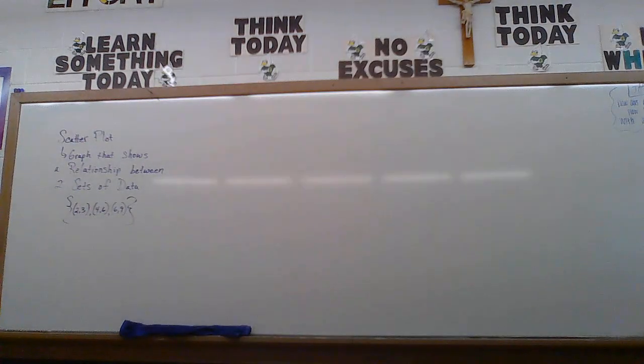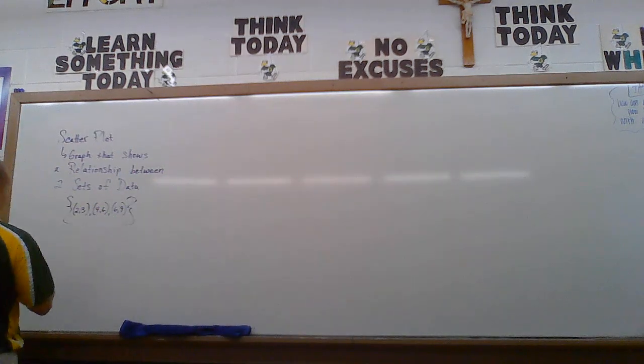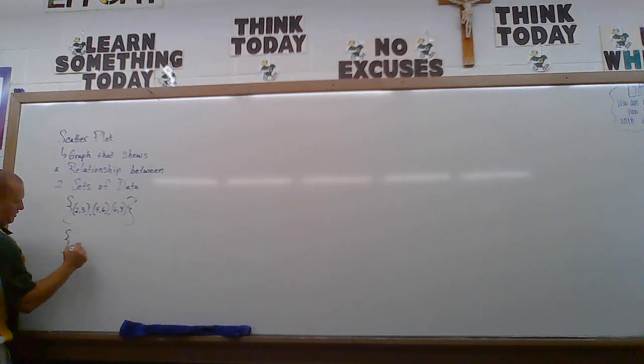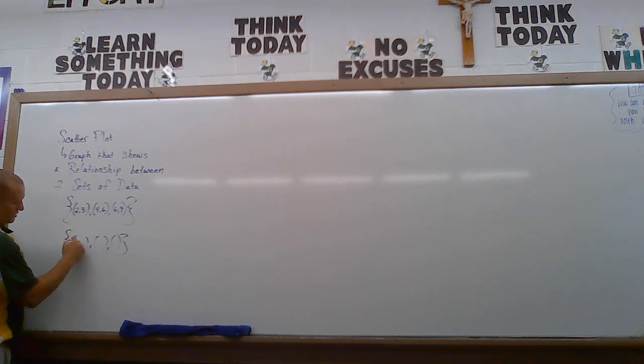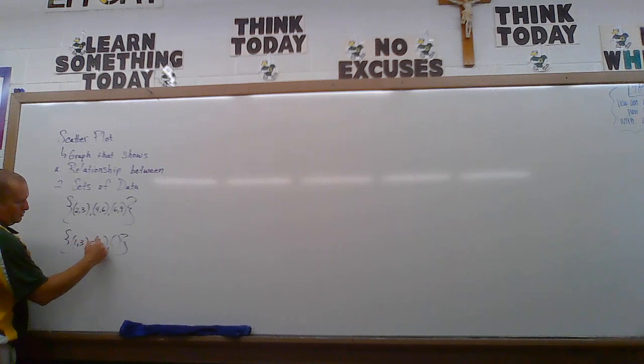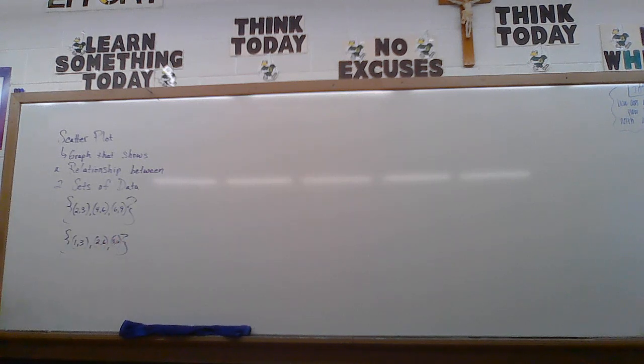Doesn't really matter. The most important thing, though, is that after you get your two sets, and again, we would have another set here, and they would give us 3 more things or whatever, and we'd say (1, 3), (2, 6), (3, 10). So that's my other set.